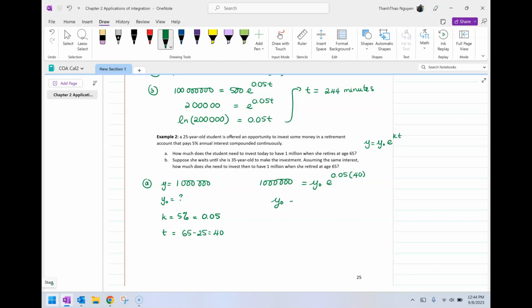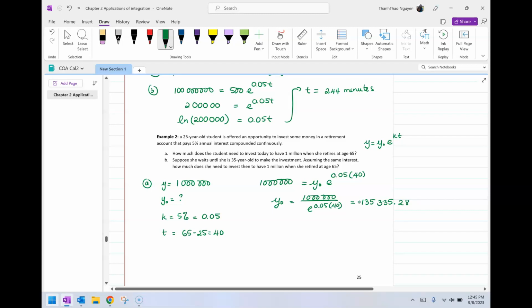So y naught is equal to 1 million divided by e to the 0.05 times 40, and we get $135,335.28. So if she invests that much now, when she's 25 years old, then when she retires at the age of 65, she will have $1 million.